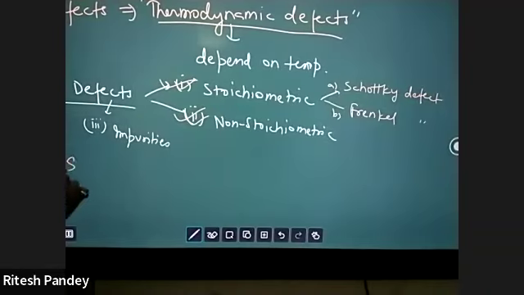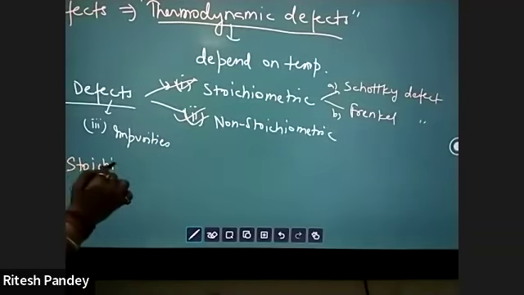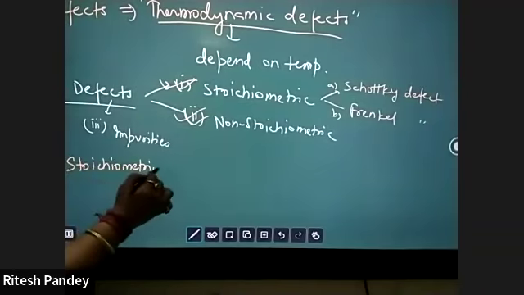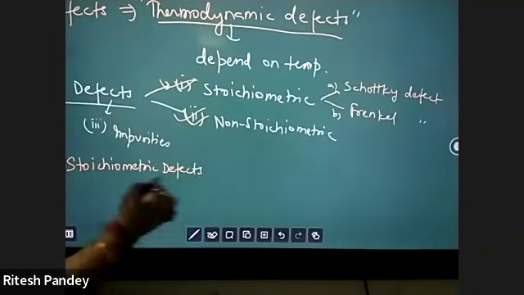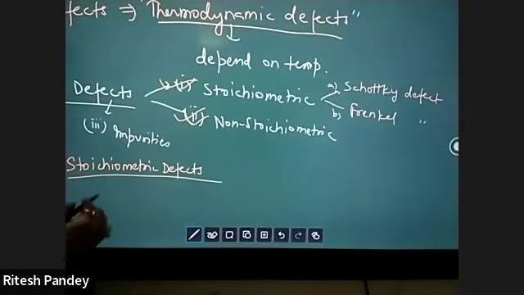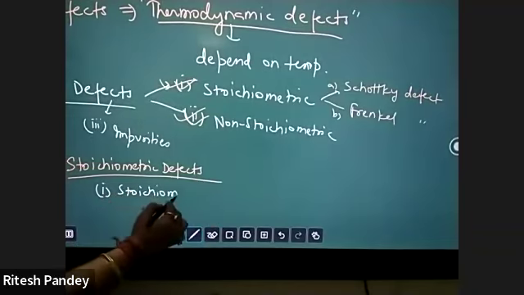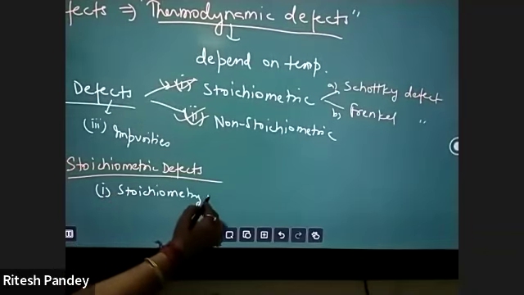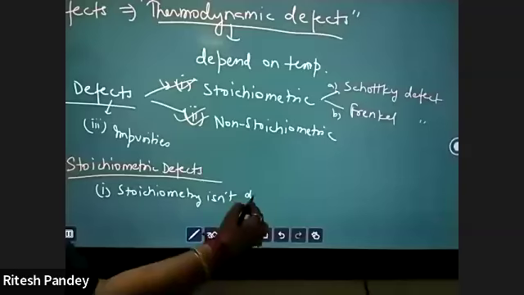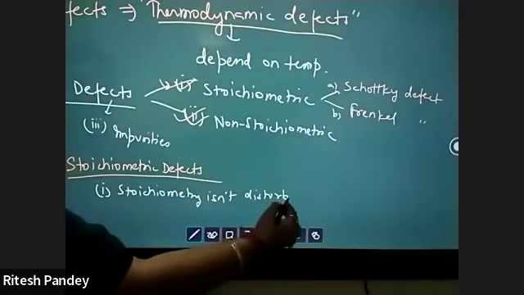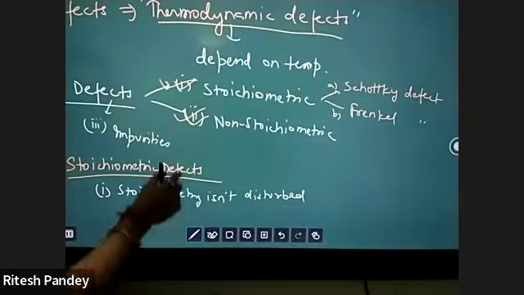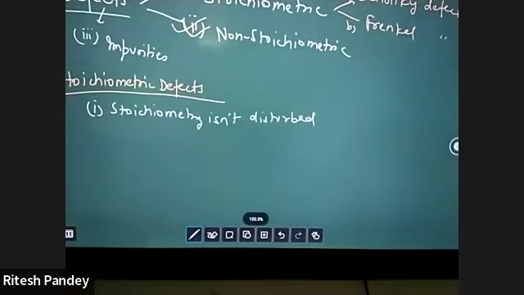So if I begin with stoichiometric defects, these defects are such that the stoichiometry isn't disturbed, where in the two common types.